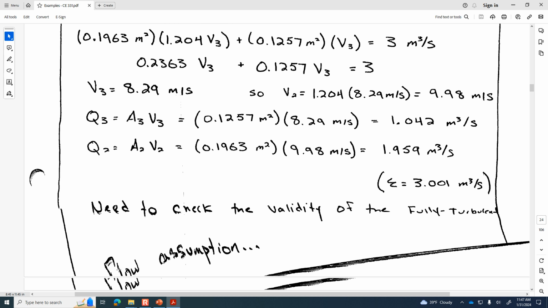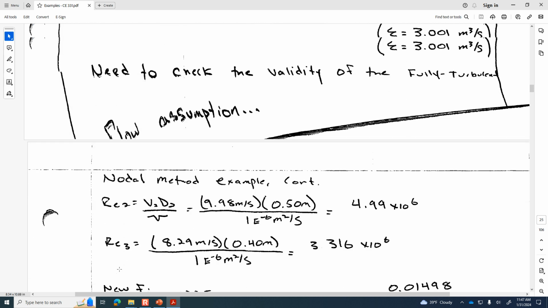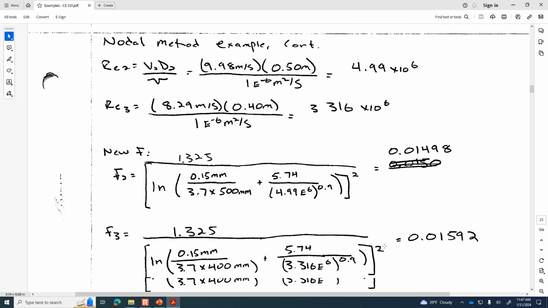Okay, let's check it. I calculate the Reynolds number through pipe 2 and pipe 3, using the full Jain equation this time instead of the abbreviated version. The F value through pipe 2 would be 0.01498. And what was it originally?